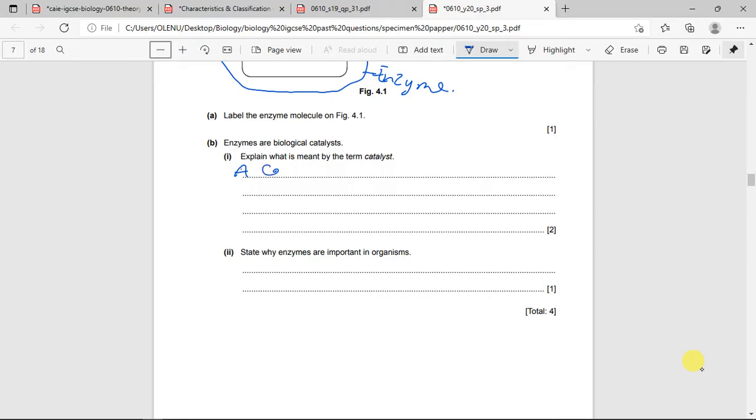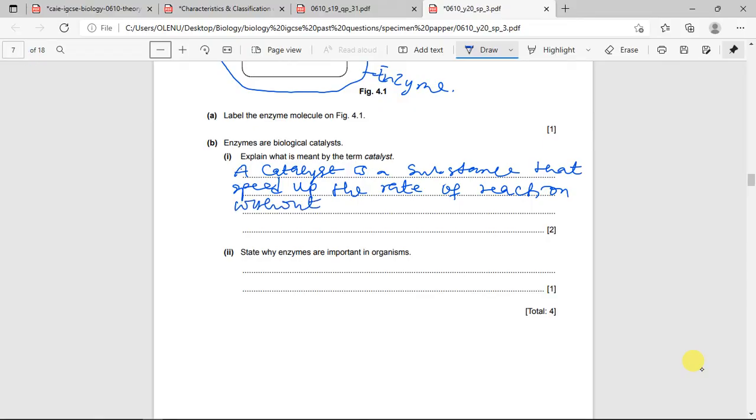A catalyst is a substance that speeds up the rate of reaction without being changed at the end of the reaction.